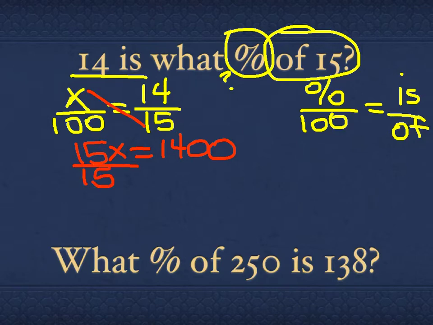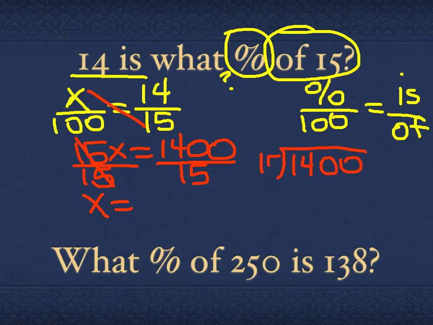Inverse operations, 15 is bothering x by multiplying, so we are going to divide. And I'm going to take my 1,400 and divide it by 15. Well, 15 doesn't go into 14, but 15 goes into 140, I think 9 times.